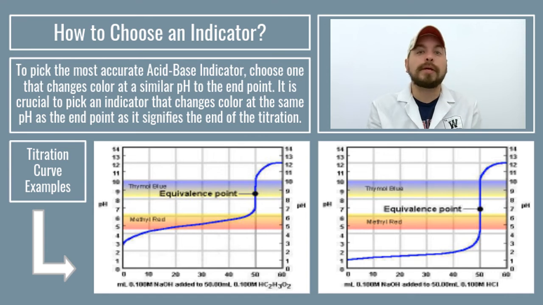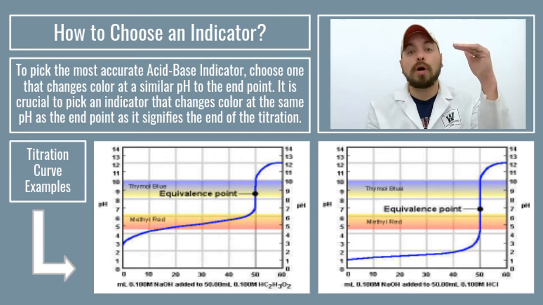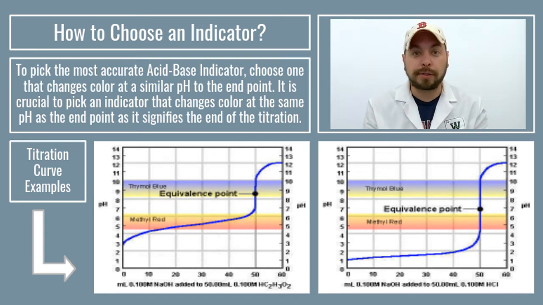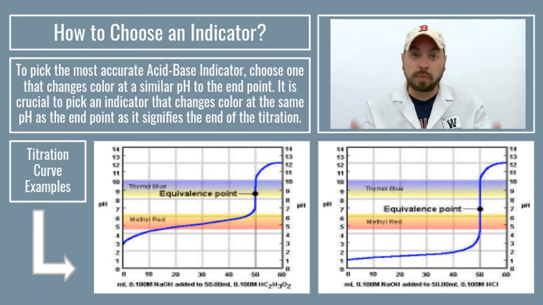Generally speaking, we're picking an indicator that changes within plus or minus 1 of our target. In this case, thymol blue is going to have a pKa value right around 9. That means it's going to change color somewhere between 8 and 10, which is right in our wheelhouse. So if I was looking to end at the equivalence point of the left titration, I would pick thymol blue.